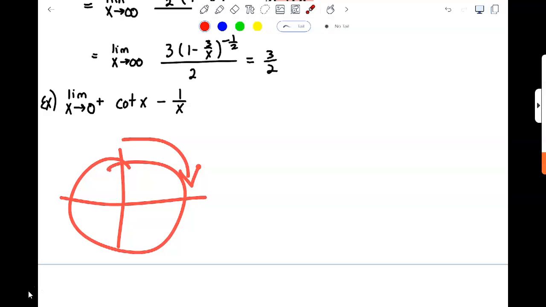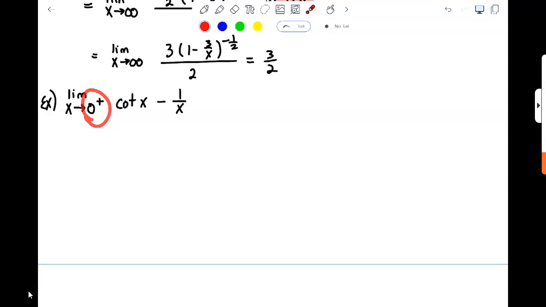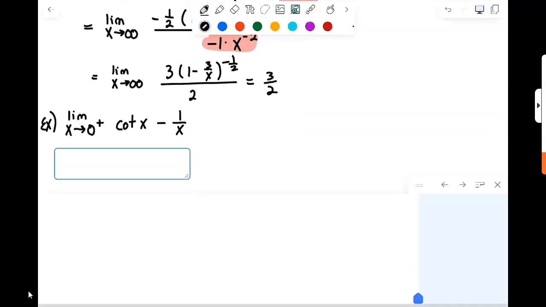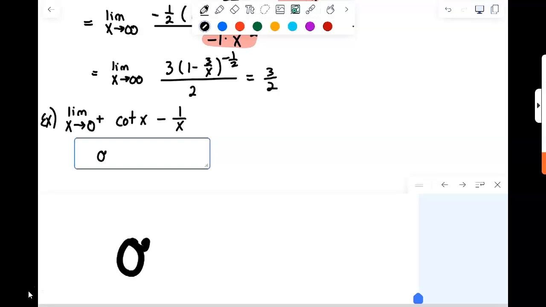It's only 1 over 0. That's going to be positive infinity. And as x goes to 0 from the positive direction, of course 1 over x is going to be approaching 1 over 0, which will be infinity. So we once again here have an infinity minus infinity limit.